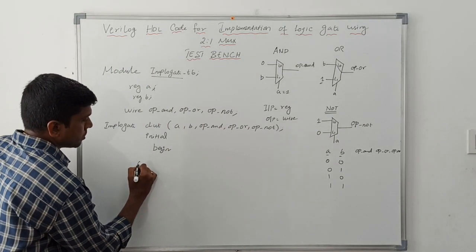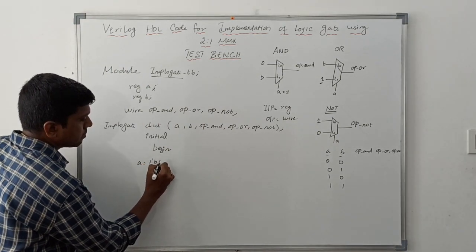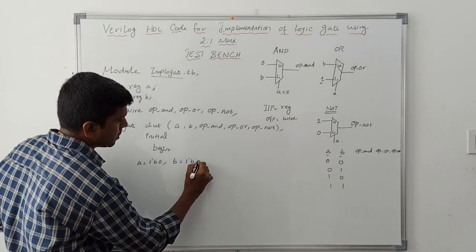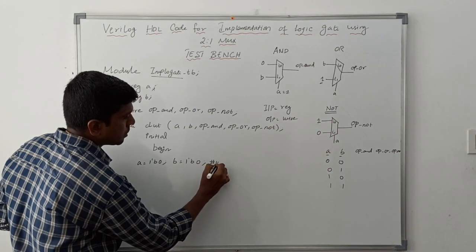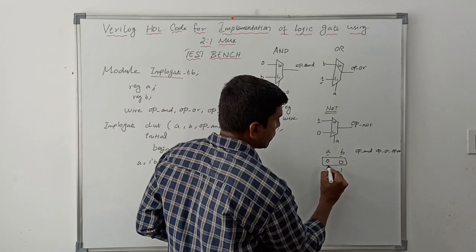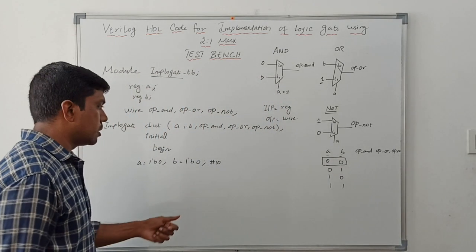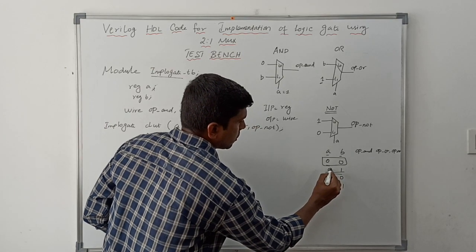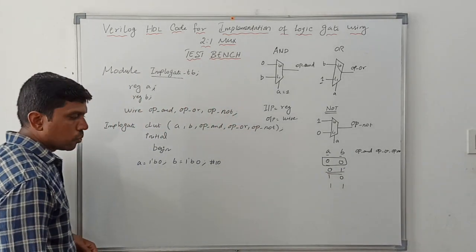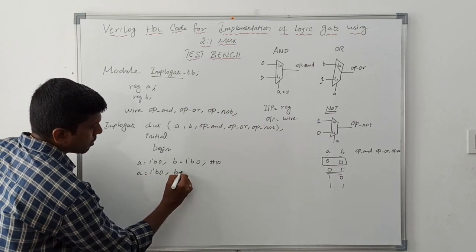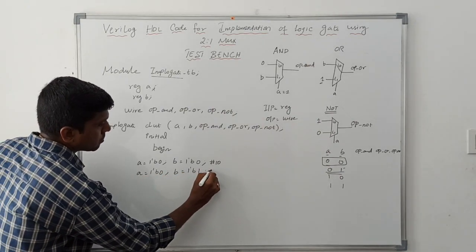So first the input is A value 0 and B value 0. Then after 10 nanoseconds change the A value and B value. A goes to 0, B goes to 1.